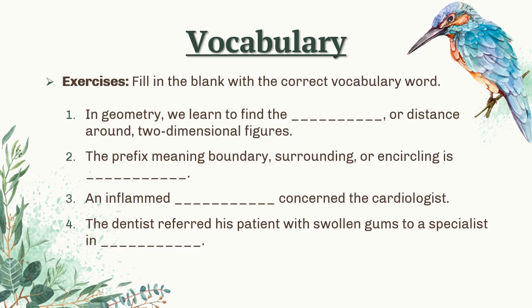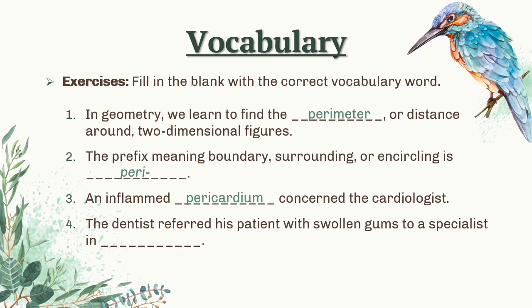Let's go to number 1. In geometry, we learn to find the perimeter or distance around two-dimensional figures. Number 2, the prefix meaning boundary, surrounding, or encircling is peri. Number 3, an inflamed pericardium concerned the cardiologist. By the way, do you notice the similarity? Pericardium, cardiologist, that's the part that's referring to the heart.